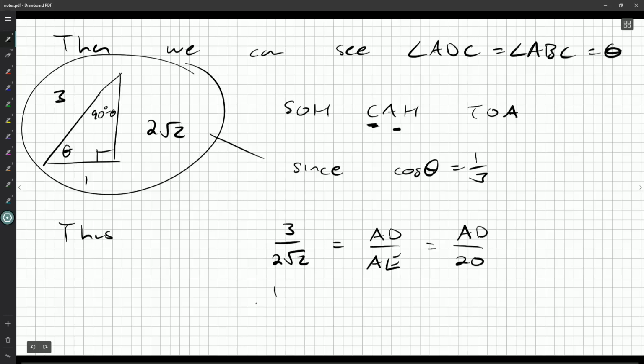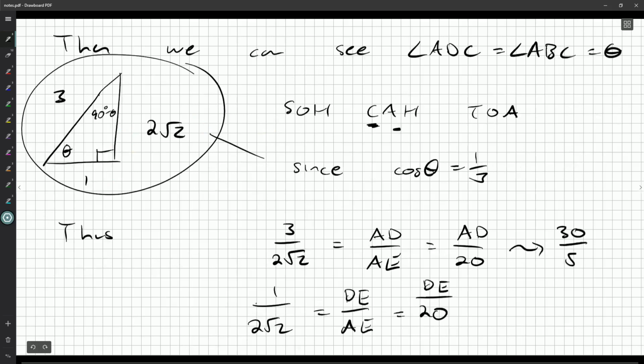Similarly, we can say 1 over 2 root 2 is DE. So I can use both of those to figure out 30 over root 2 is equal to AD, and 10 over root 2 is equal to DE.